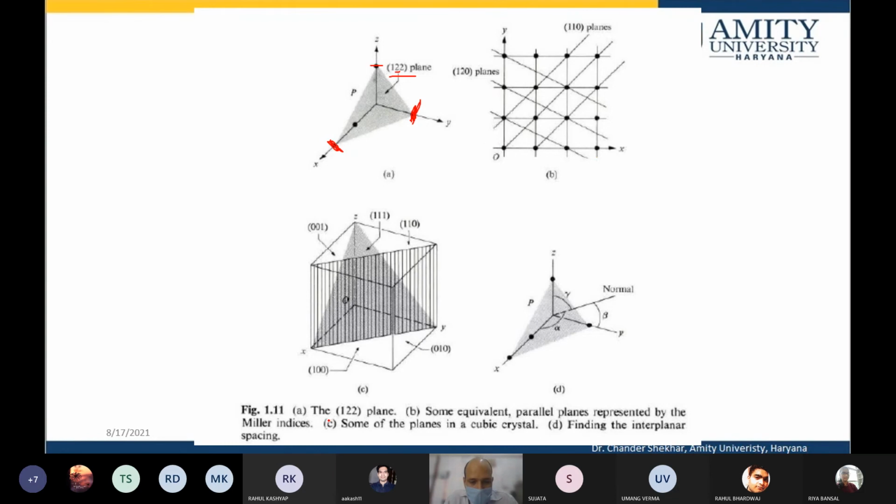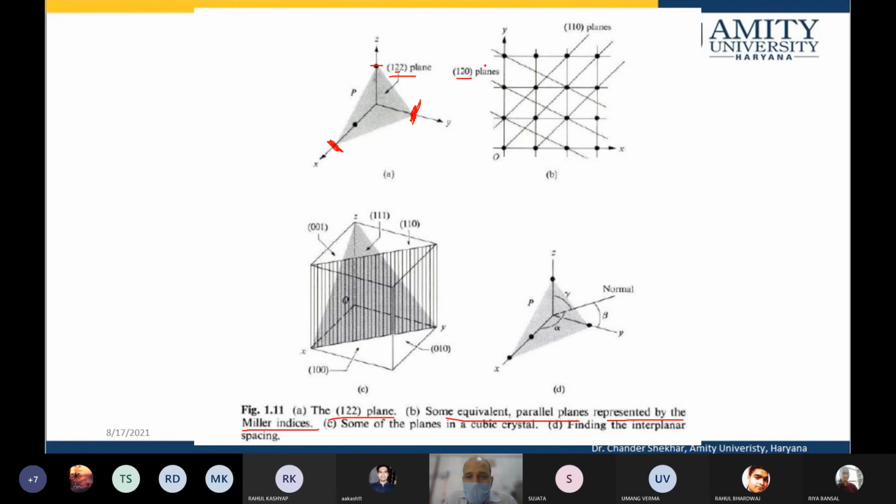So this is the 1 2 2 plane. Some equivalent parallel plane is presented by the Miller indices. If this is a 1 2 0 plane, it means it is intersecting the x-axis and y-axis at 2.